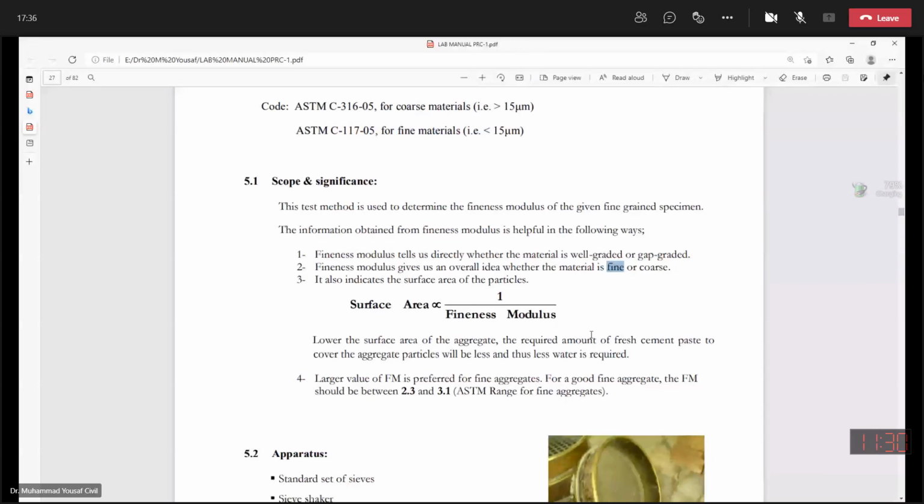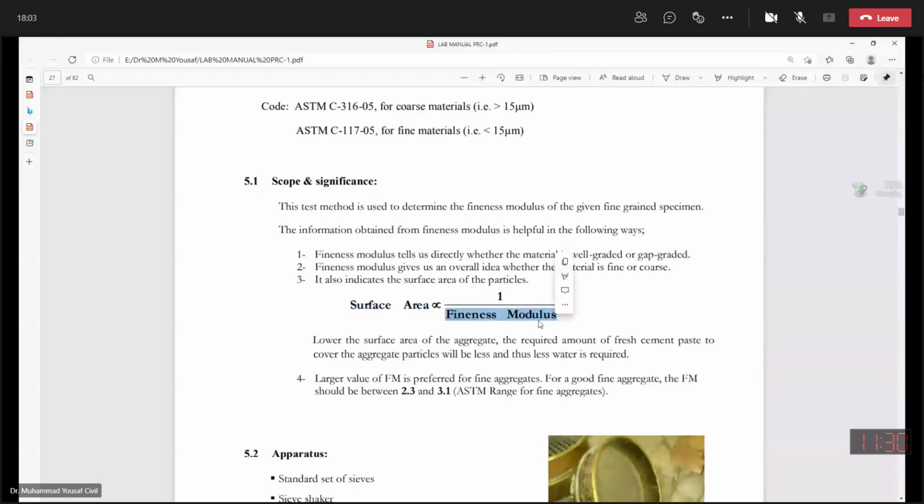Okay? So now, what is the difference between fineness and fineness modulus? If I say surface area is more, what does it mean? Fineness modulus should be less. Is it okay?